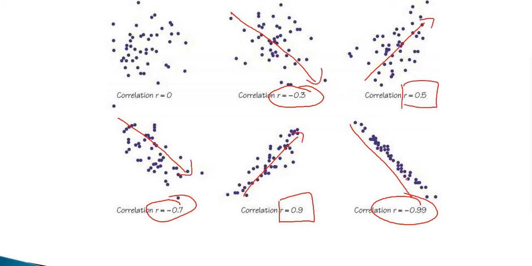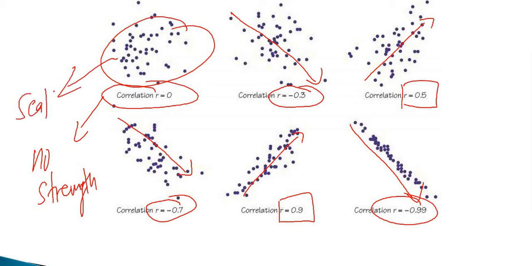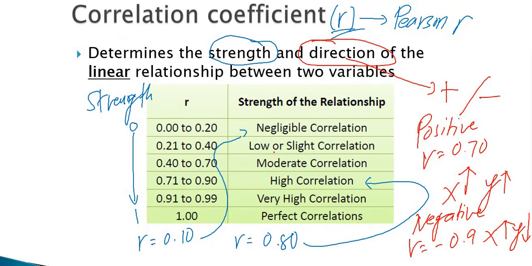And here are the ones going down. However, if the correlation is zero, there is actually no strength in the relationship. As you can see, the points are actually scattered because there is no strength in the relationship that we have. So again, to summarize, the strength of our relationship is defined by the value of our Pearson R, while the direction depends whether the given Pearson R is positive or negative.